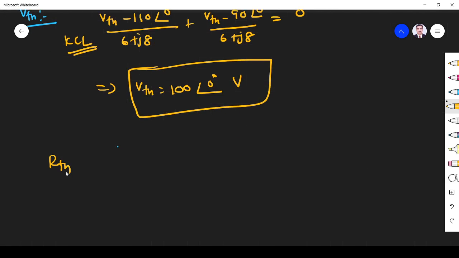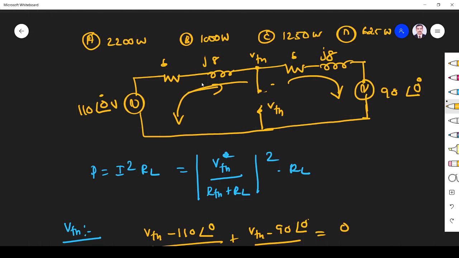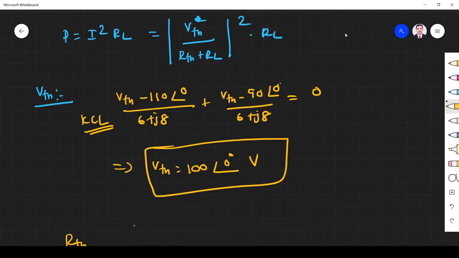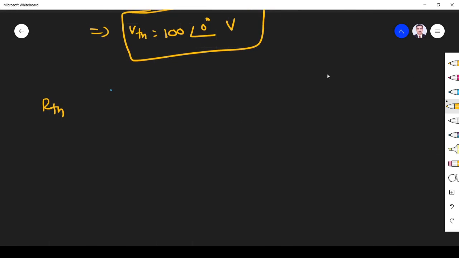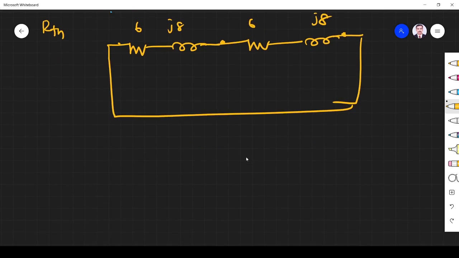In order to find R Thevenin, we have to remove all the sources and keep only the impedances. Remove the load also. So I removed the sources and discarded the load, leaving 6+j8 and 6+j8, and these two are parallel.